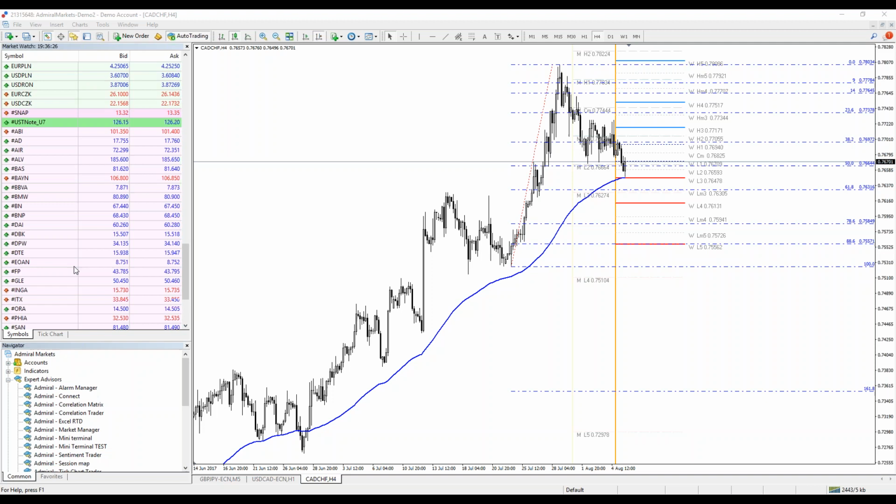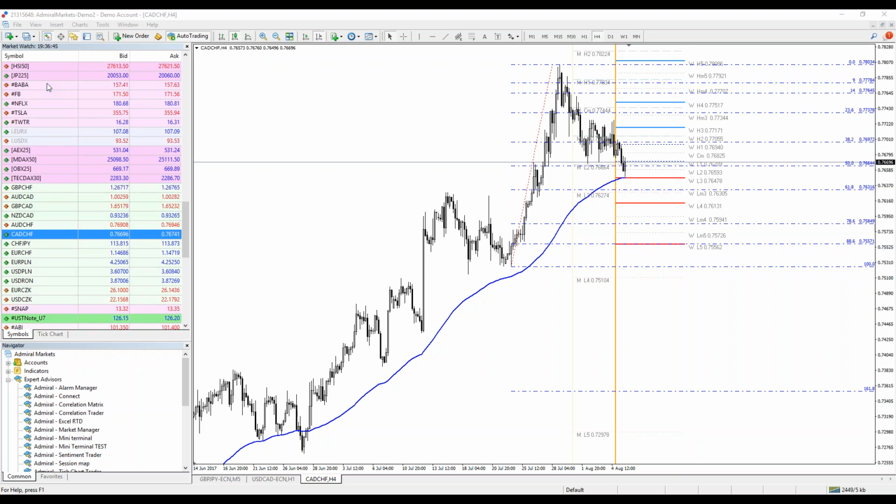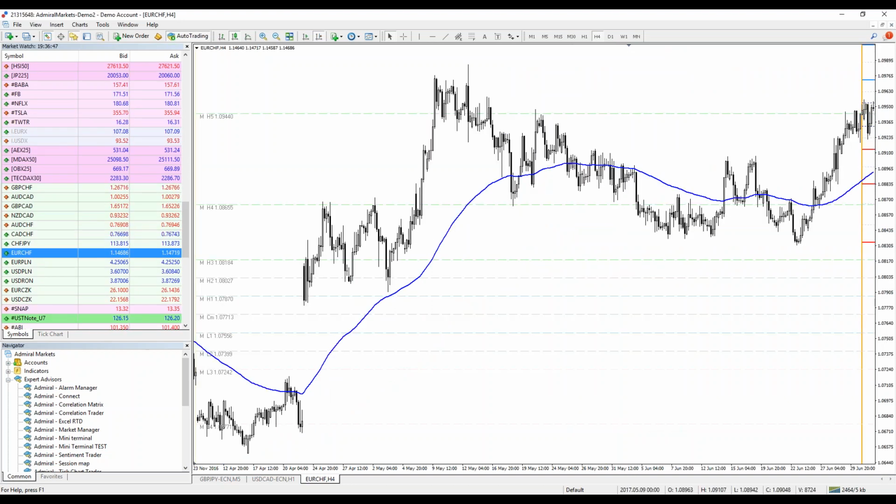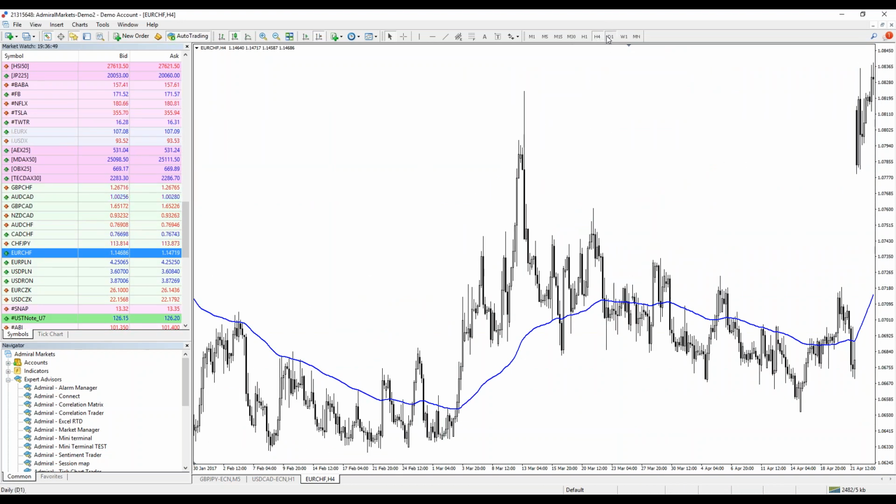I didn't pay that close attention to Euro Swissy because I particularly don't trade Euro Swissy. Now I think, at least for myself, there are much better pairs to trade, but I don't seem to find it here. It should be here. Euro Swissy.